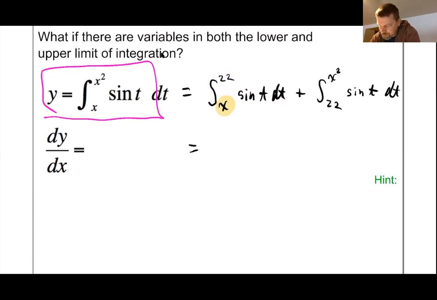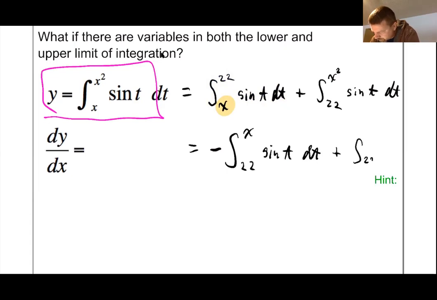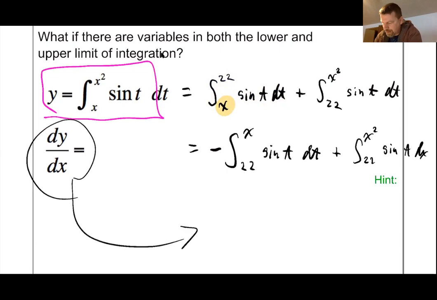If I wanted to show my steps, I could say I don't like the x on the bottom, so let's make this a negative and put it from 22 to x of sine of t dt, plus the integral from 22 to x squared of sine of t dt. Then when I take the derivative, this is not a problem. We just plug in the x, because with a derivative of an integral, I end up right back where I started.